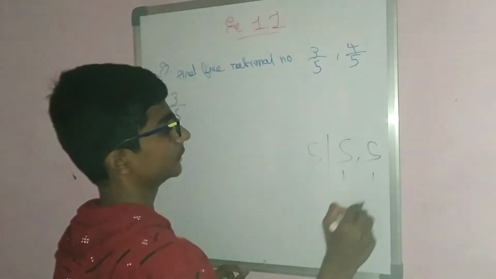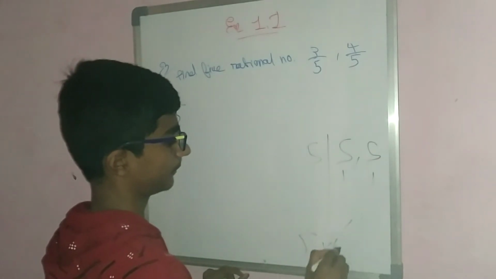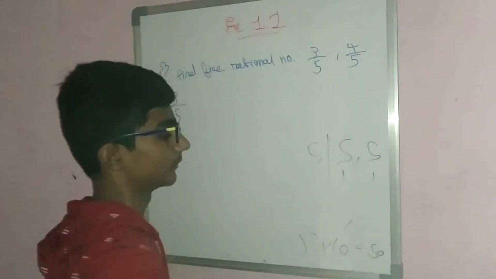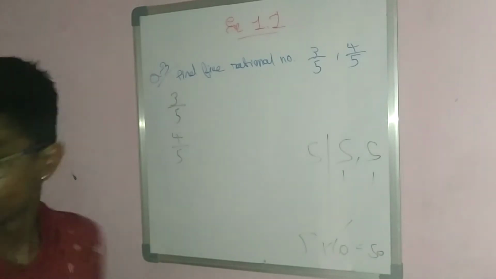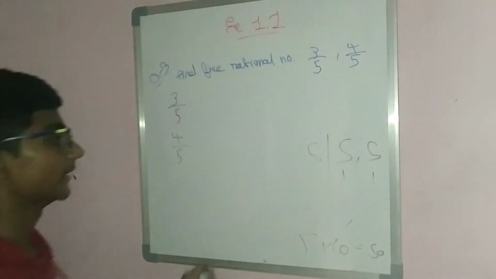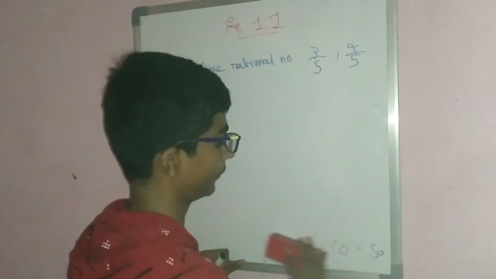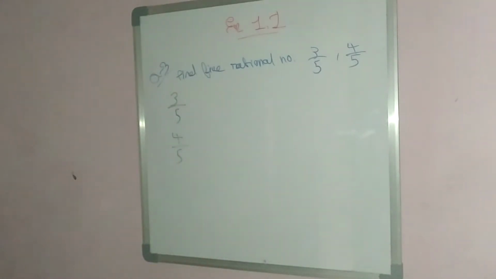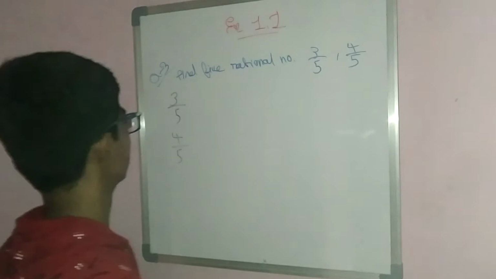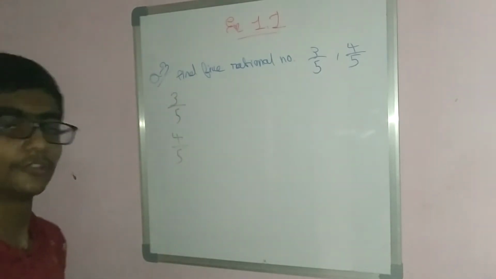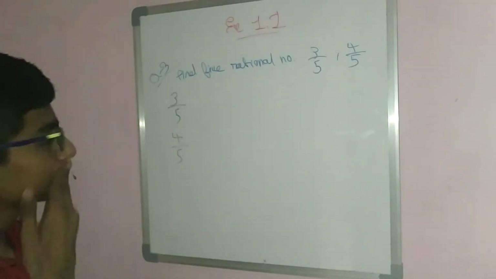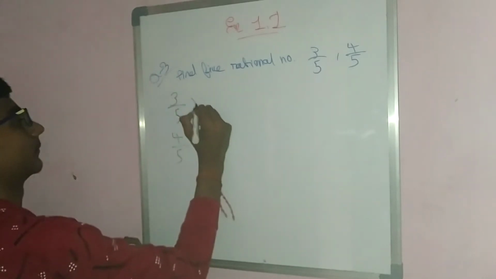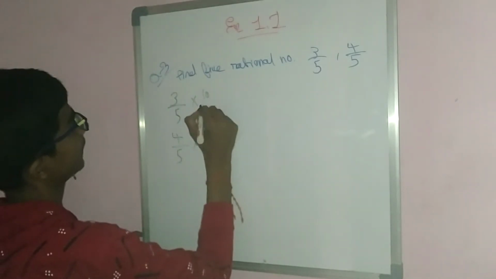So what will it be? 5 multiplied by 10 is 50. I'm doing it fast so the handwriting may not be much better, but you will be able to see this much clearly. So now let's move on. We are again going to multiply this by 10 upon 10.